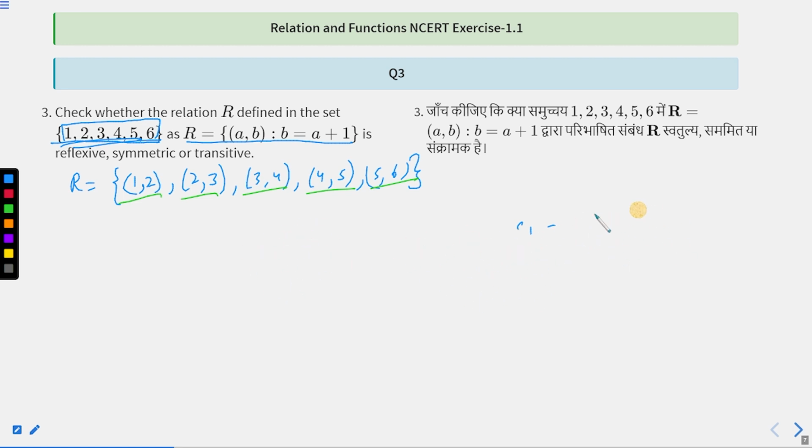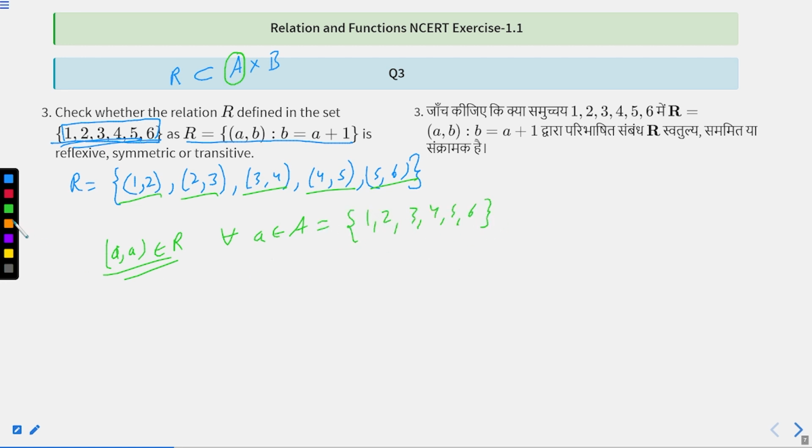Now, for reflexivity, we know that if my relation R is from A to B, or a subset of A cross B, then for any element, the pair with itself must be in R, for every a belonging to A. Here A is 1, 2, 3, 4, 5, 6.